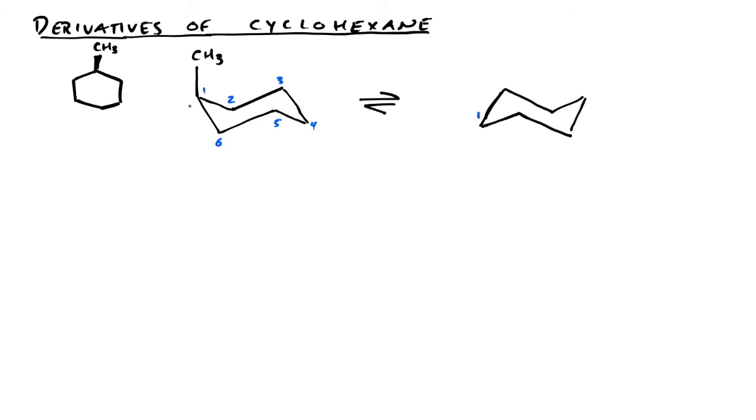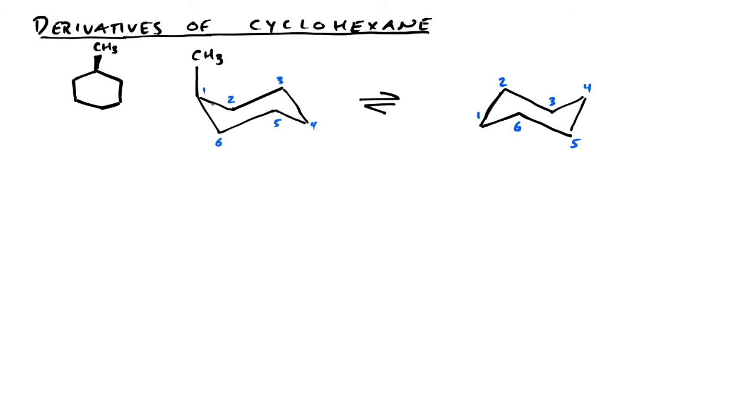Far left carbon 1 will be the same, so whatever's on the far left will remain on the far left. Carbon 2 is now up there. Carbon 3, carbon 4, carbon 5, and carbon 6. So that is their new positions. Every carbon that used to point upwards is now pointing downwards, and so forth.